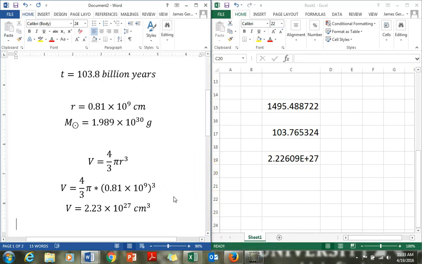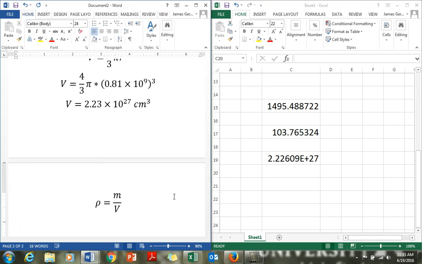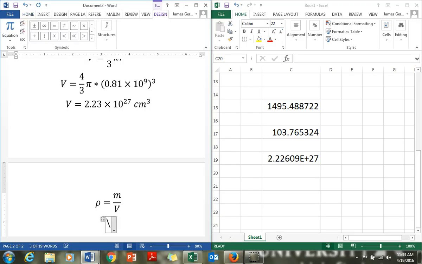So the density that we're after is mass divided by volume. All right, so the density is 1.989 times 10 to the 30th divided by 2.23 times 10 to the 27th.